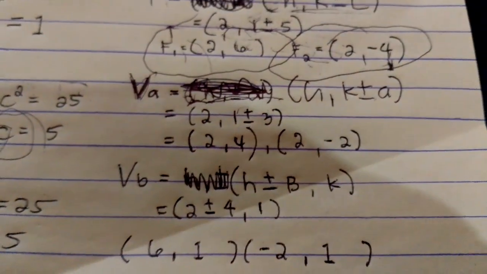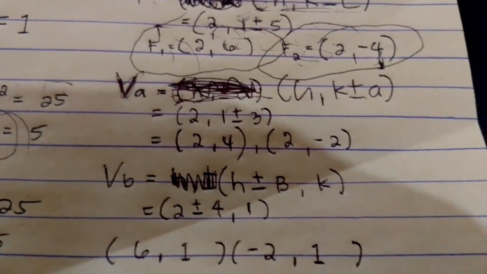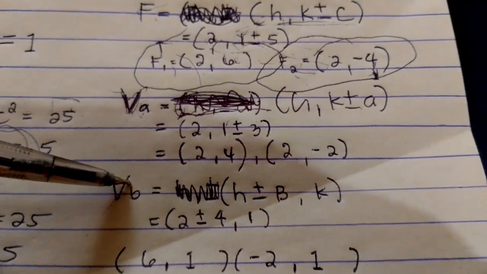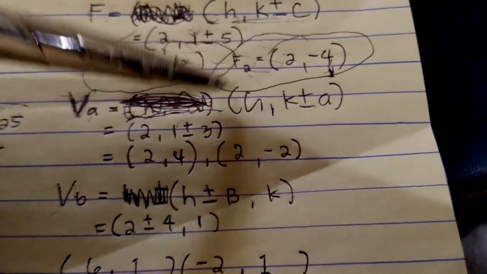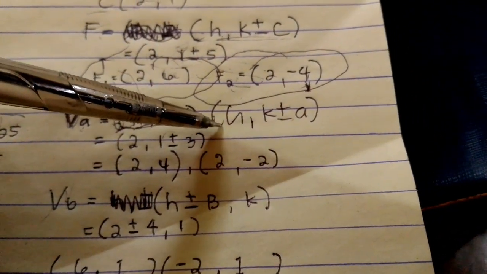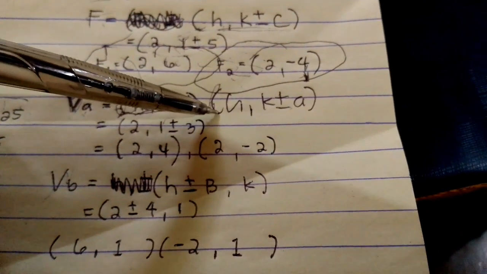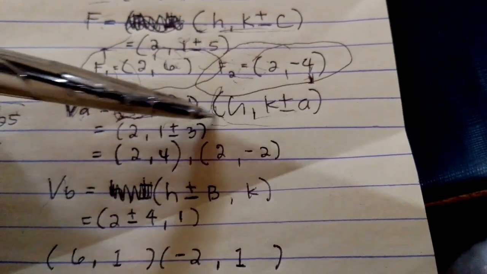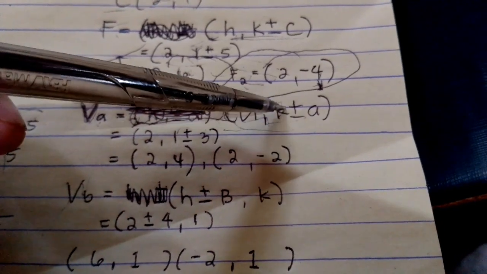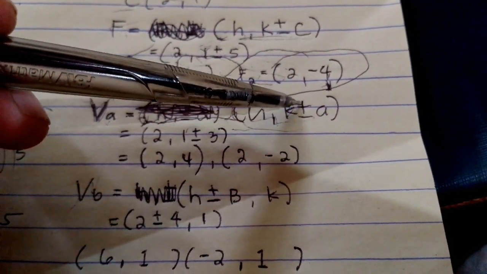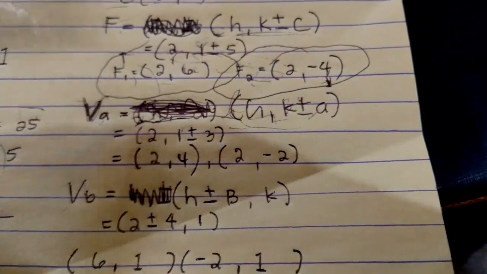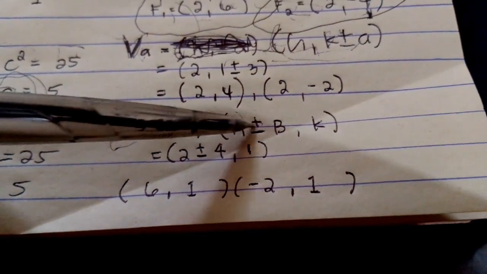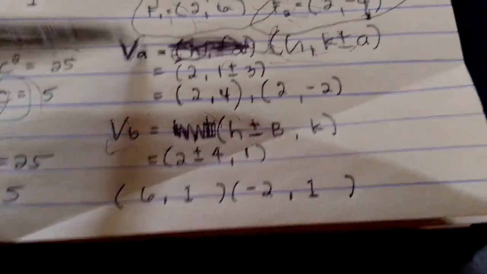Now the coordinates of our vertices, vertex A and vertex B. I just have to follow this formula, which I got from the other videos on YouTube. Vertex A is (h, k plus or minus a), and vertex B is (h plus or minus b, k).